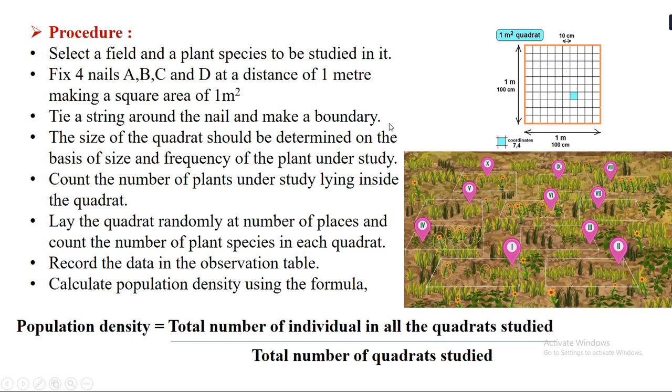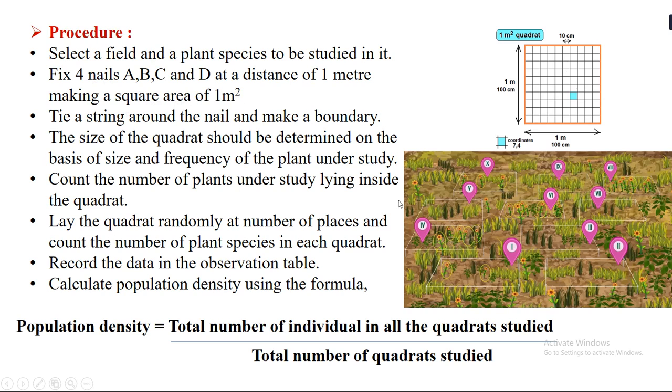You should know the species that are growing in that field so that you can select certain species for your study. After that, you will fix 4 nails A, B, C and D at a distance of 1 meter, making a square area of 1 meter square.